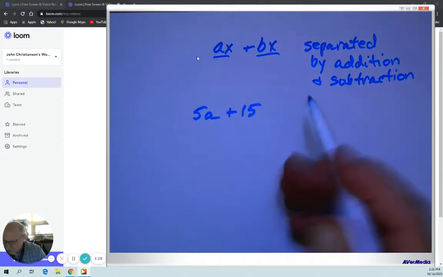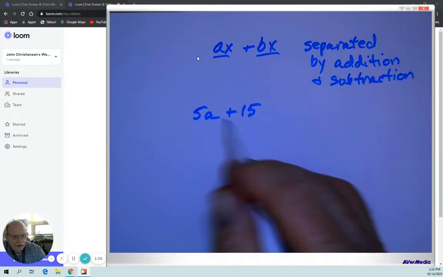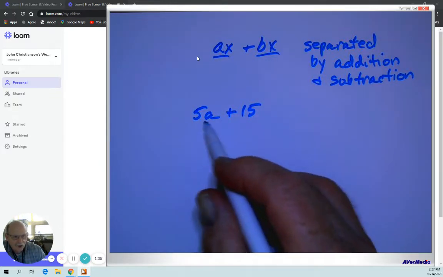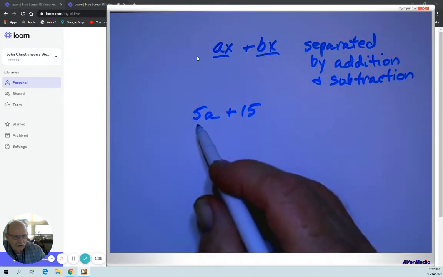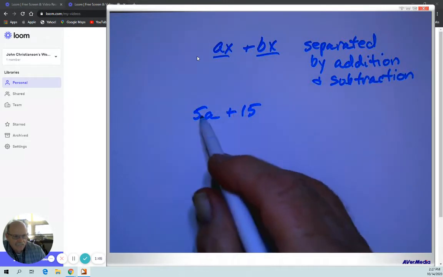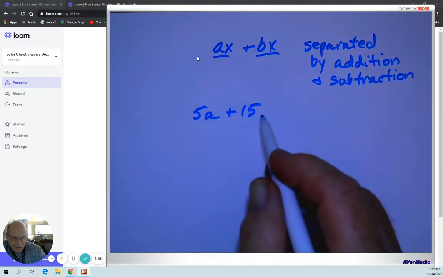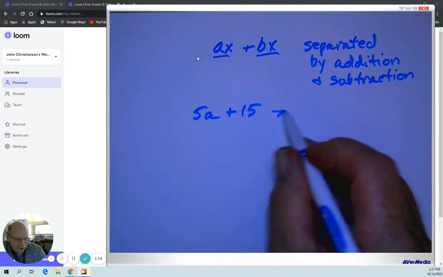We're not finding the GCF, but we're factoring the greatest common factor out of this by looking at each term and seeing what they have in common, right, as a greatest common factor. Now, looking at this one, it's pretty easy, I think, because 5 is a prime number and it goes into 15, okay? So I'm going to factor that out.